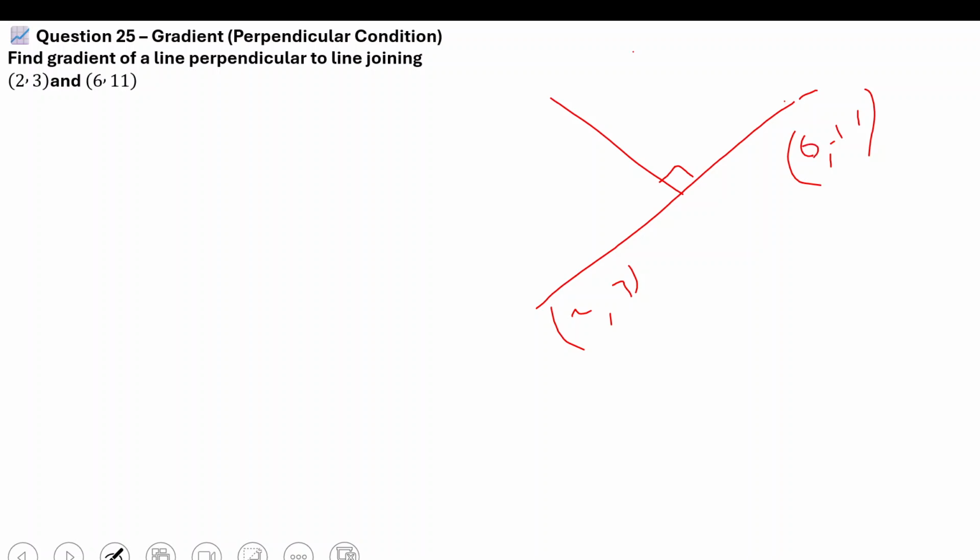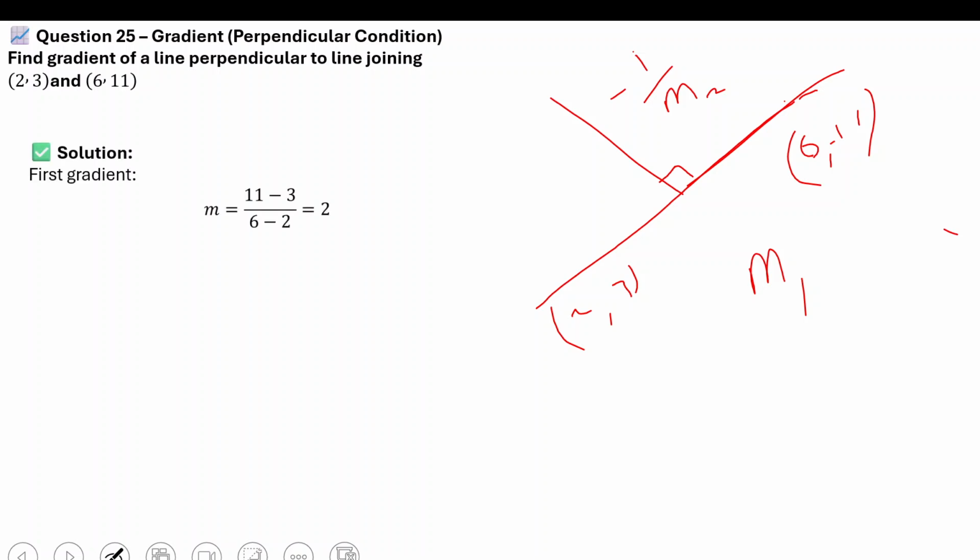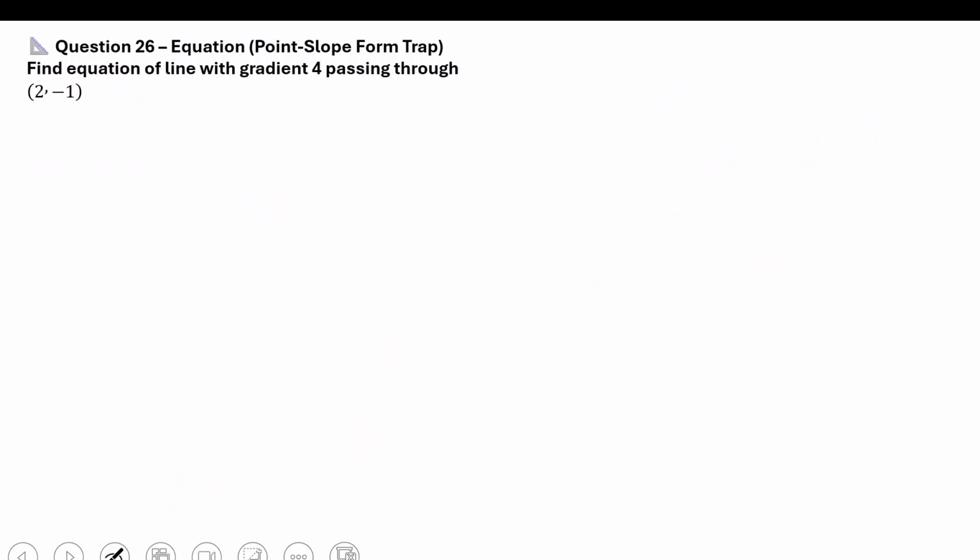If I get the gradient of this line, whatever I get here, let's say it equals m1, I will come here and say m2 is minus 1 over m1. Okay, so let's go and solve it. So the gradient of that line is 2. That means the perpendicular gradient is 1 over minus 2, right? So that's just the answer.